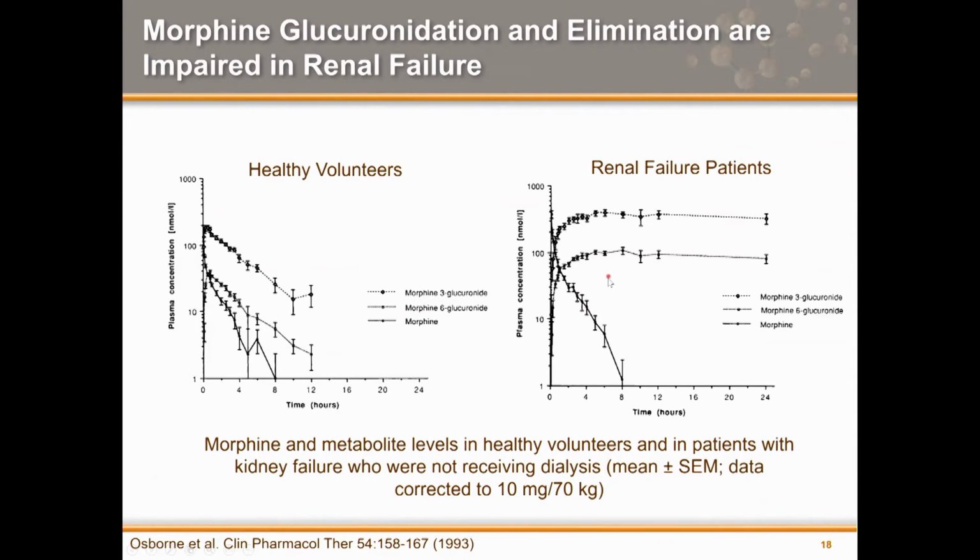So this long sustained accumulation of morphine 3- and 6-glucuronide likely reflects the inability of the kidneys to secrete these morphine glucuronides as well as they do in healthy volunteers. So in this case, renal failure causes both a decrease in the parent drug metabolism, as well as a decrease in the elimination rate of the metabolites that are formed.